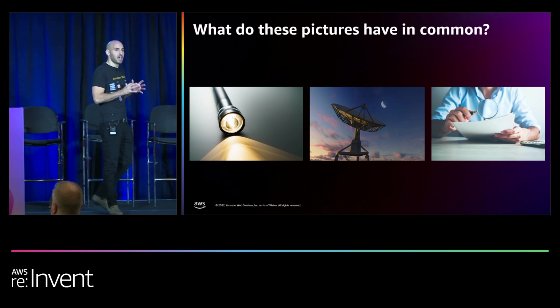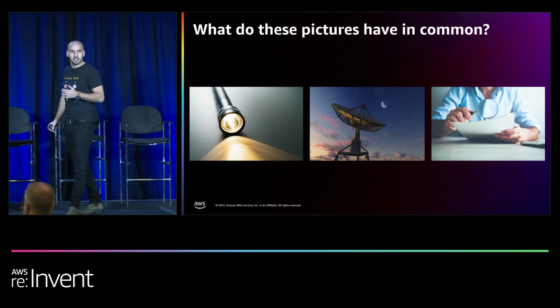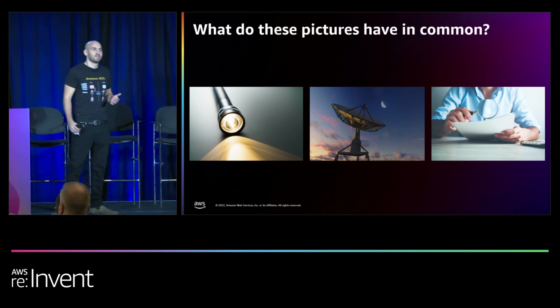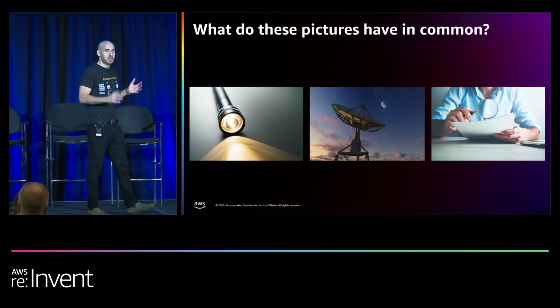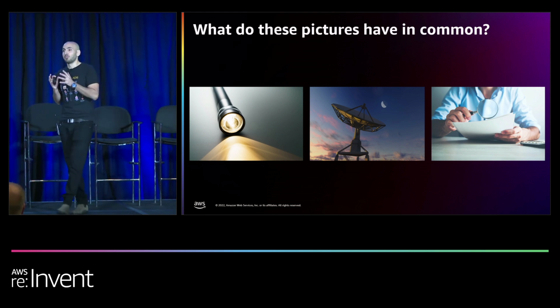Before we get started, I would like you to take a moment and think about what these three pictures have in common. Okay, so we can see here flashlight, radar, and magnifying glass. All right, you probably all guessed it right. These are three pictures that show three tools.